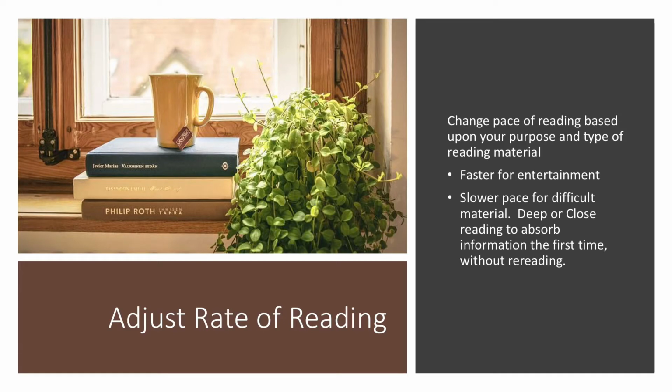But if it's difficult material, a textbook for one of your college classes, you're going to go at a slower pace because it takes more time to do that deep or close reading to absorb the information the first time, without rereading.